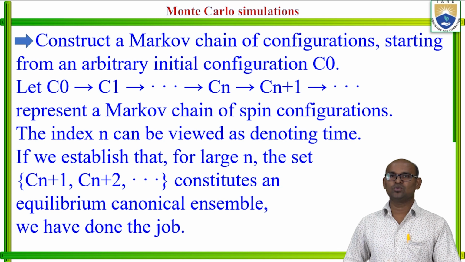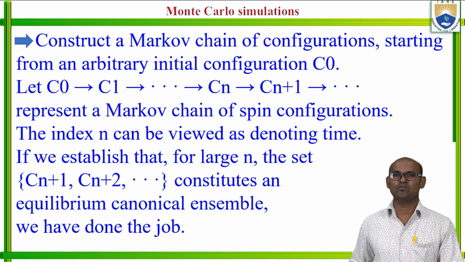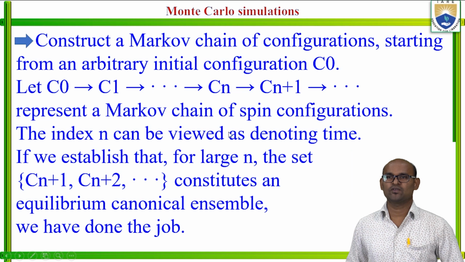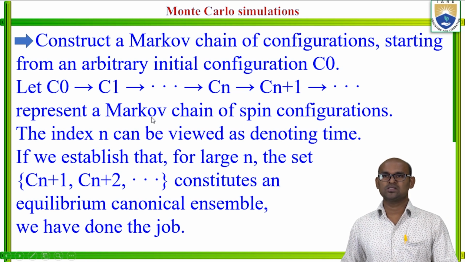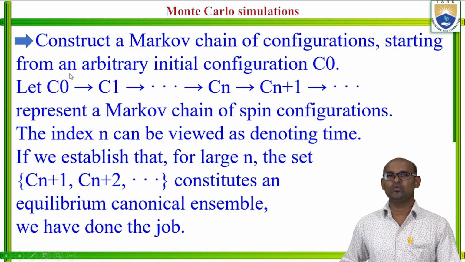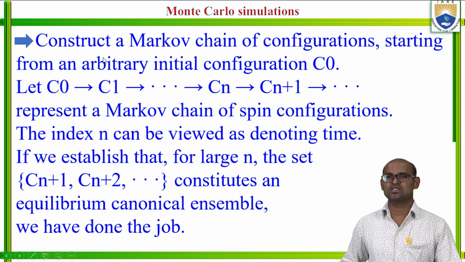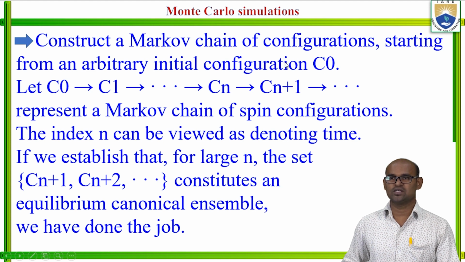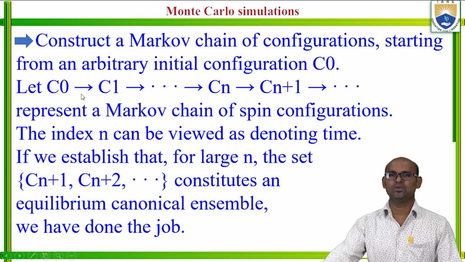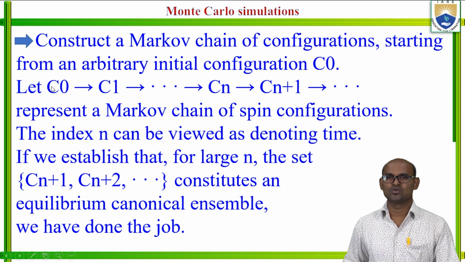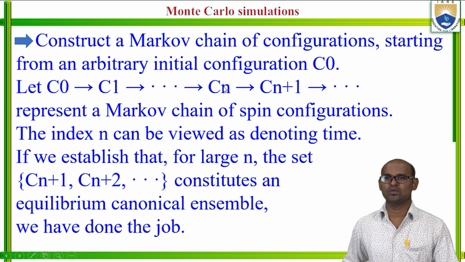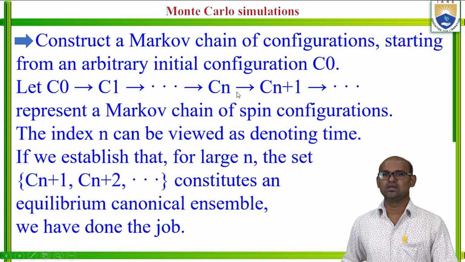To use this Metropolis algorithm, we need to construct a Markov chain of configurations. So what is this, and how do we construct it? We need to construct a Markov chain of configurations starting from an arbitrary initial configuration C0. So we start with a microstate C0, and then we sample a microstate C1 from this initial microstate. After a certain time, C2, C3, up to Cn and Cn plus 1, where n is the time index.